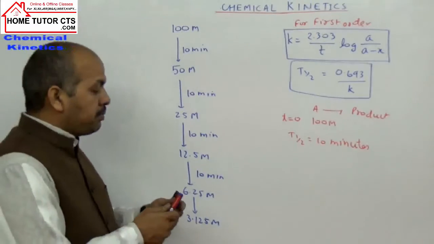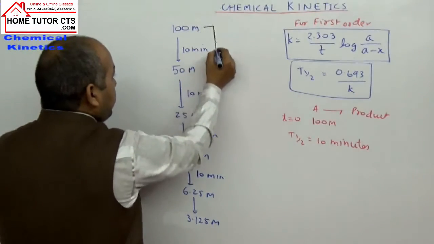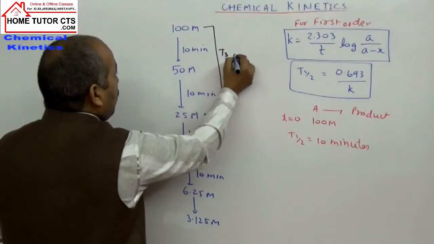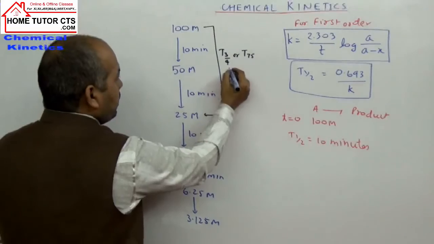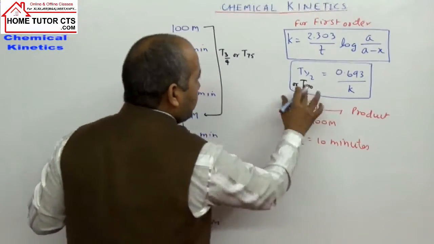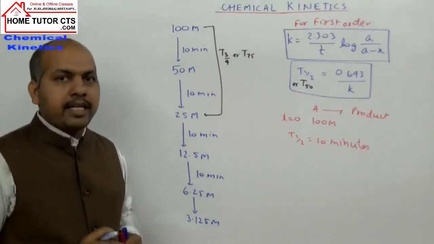In this case some terms can be used. Here it is t half, and the time taken here is called t 3/4 or t 75%. Here in the question, t half is also called t 50, the time in which 50% of the reactant is consumed.